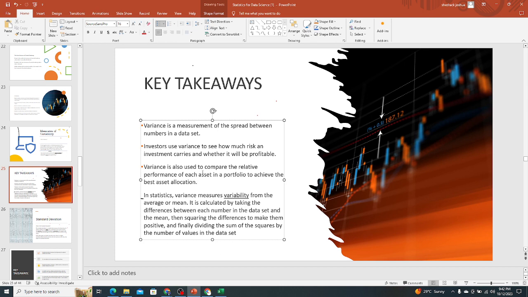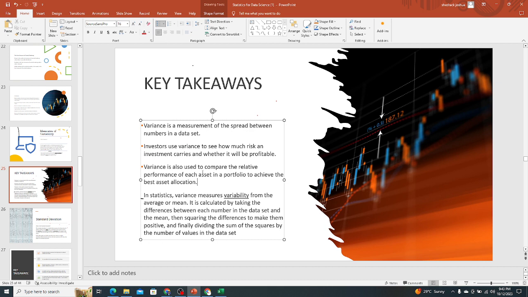Or you can decide to do what we call diversification, in order to diversify your risk.